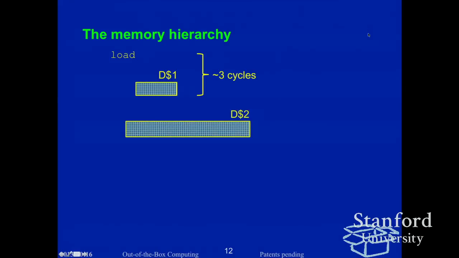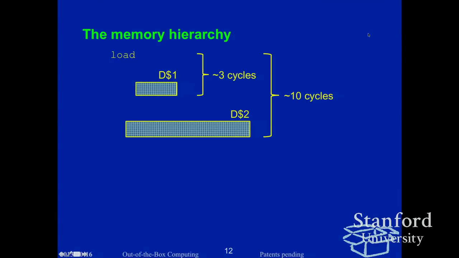If the value you want is not in the top level cache, in order to make it fast, they make the top level cache small, which means very frequently the value you want will not be there. There isn't enough room to keep all the values you want. So instead you go down one more layer to the second level cache, D2. That's bigger, but it also will take 10 typical cycles to get a value back out.